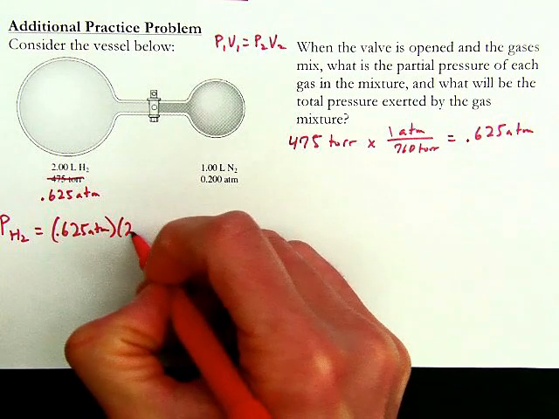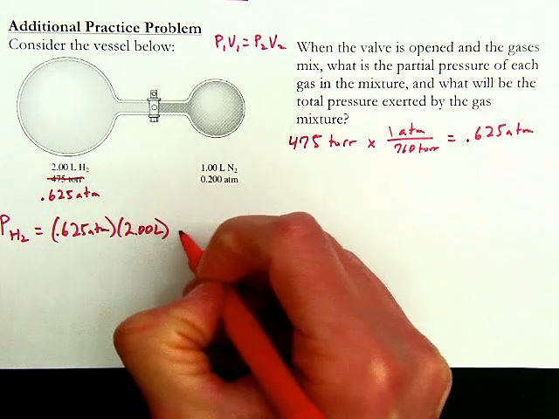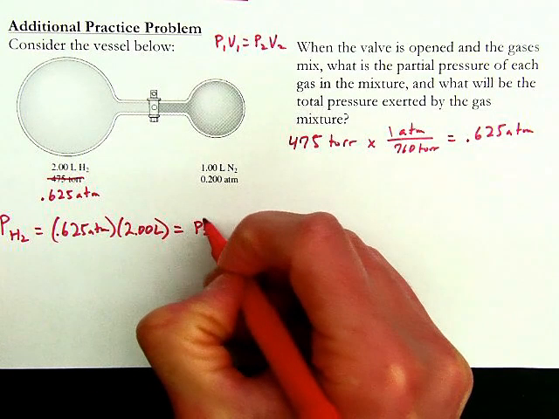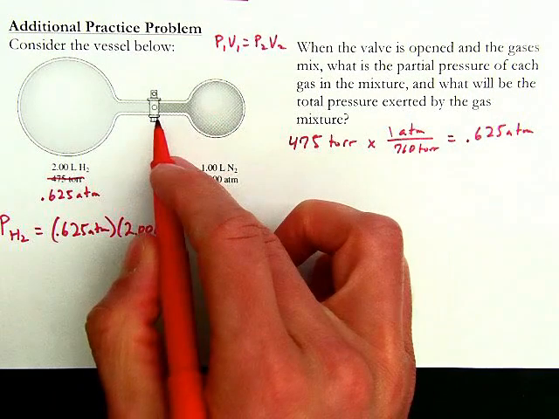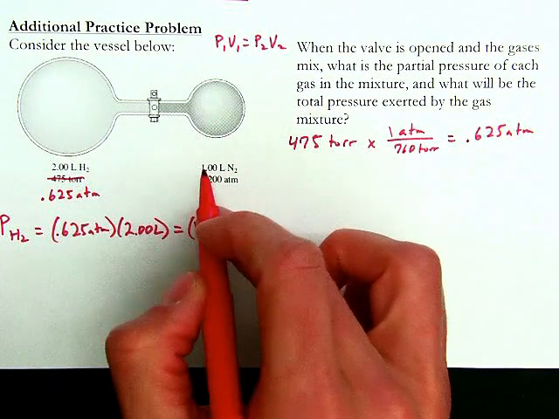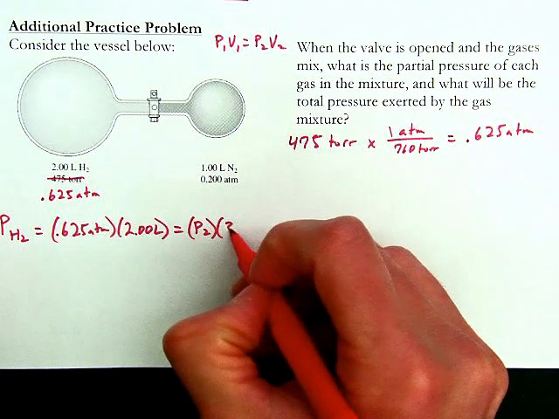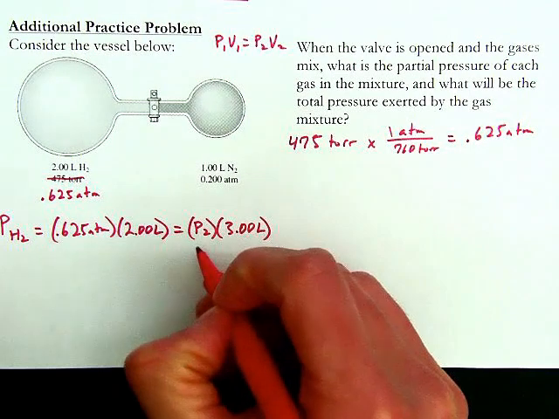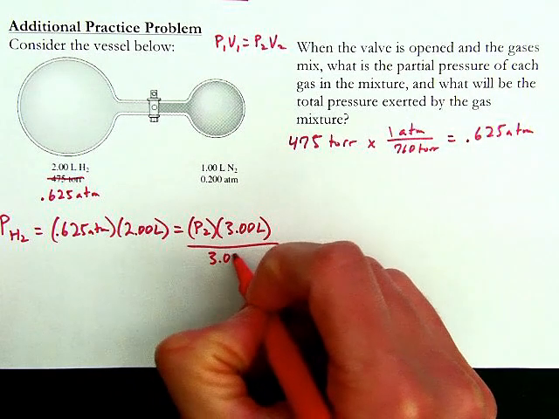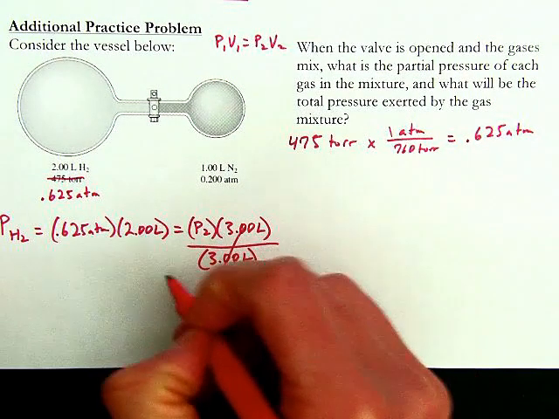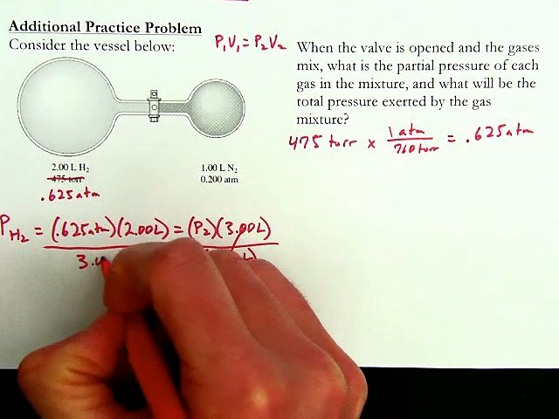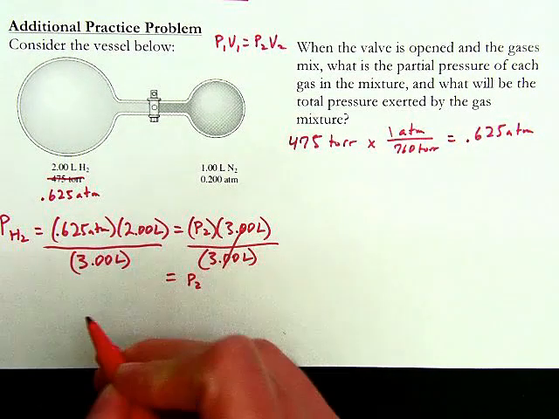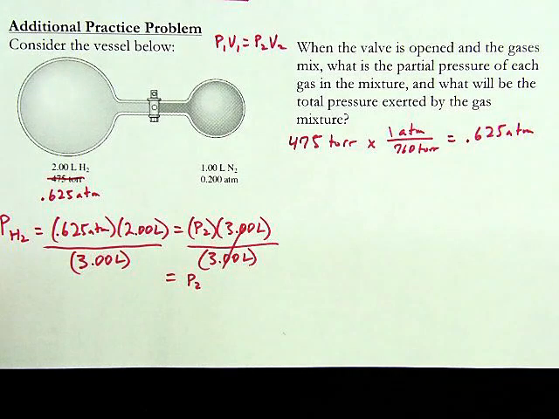The volume is 2 liters. P2 is what we're solving for, and V2 is what the total volume will be once this is open. So this side's 2 liters, this side's 1 liter, so the new volume will be 3 liters. So I'm going to solve for P2. And if I do that, I will get the partial pressure of hydrogen.